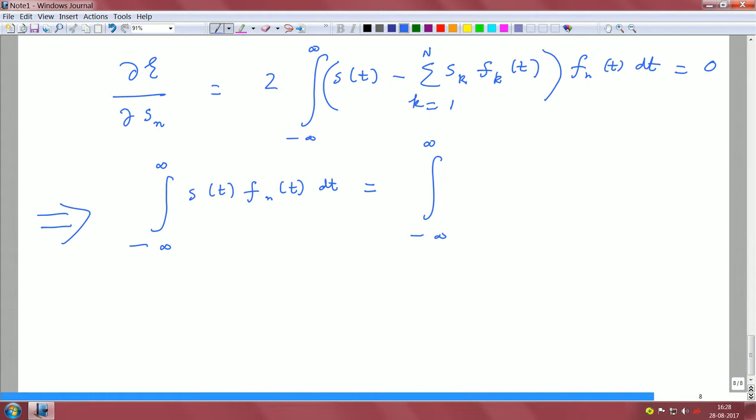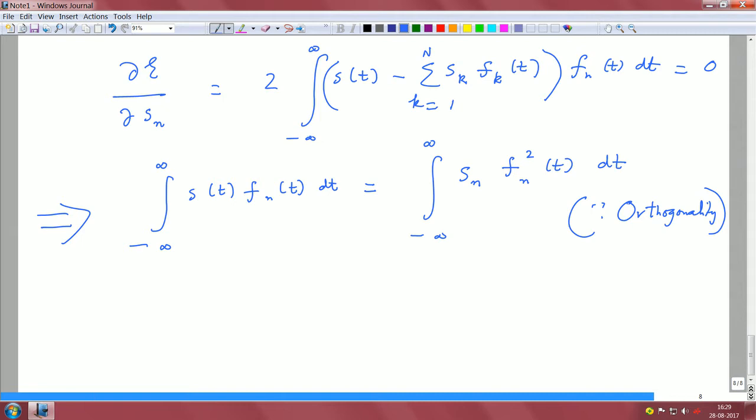right. So, basically I will write it in this form. This is going to be, so you are going to have an S_k, S_n essentially, and this is basically the integral of F_n squared dt, right. If these signals are orthogonal, then this is the result.